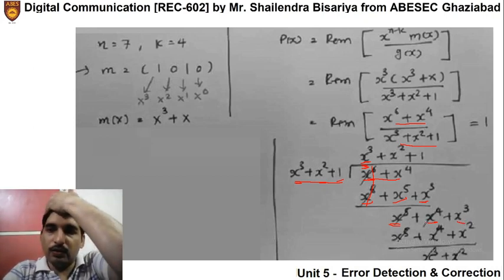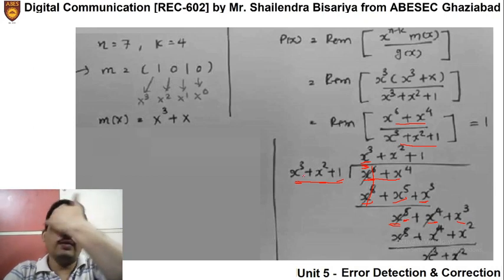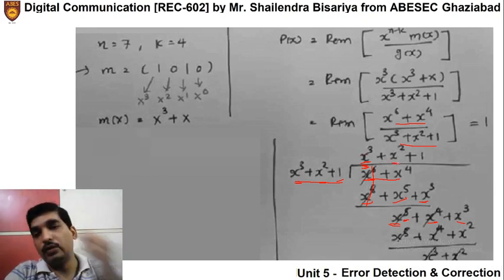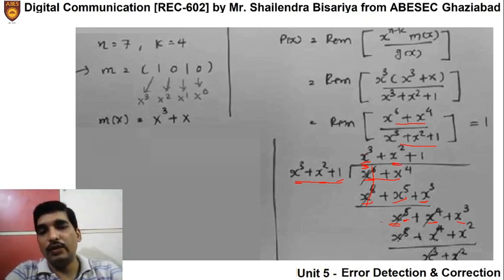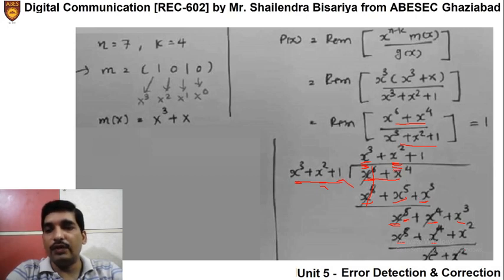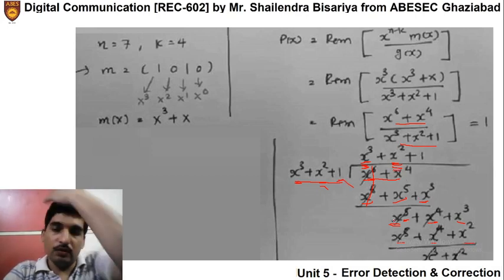Now it is x5 here and x cube here, so we multiply it with x square. x square into x cube gives x5, x square into x square gives x4, x square into 1 gives x square. So x5 becomes 0, x4 becomes 0 and the remaining is x cube plus x square.